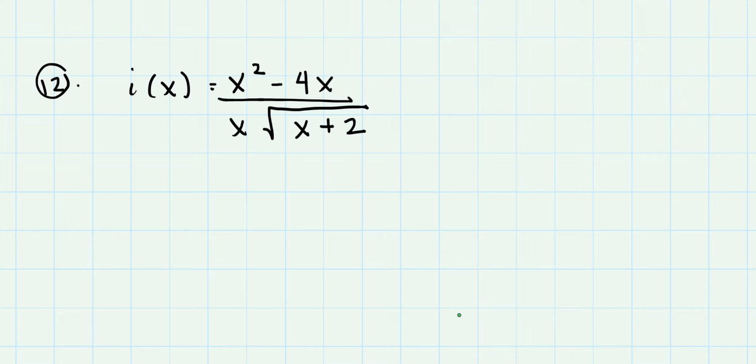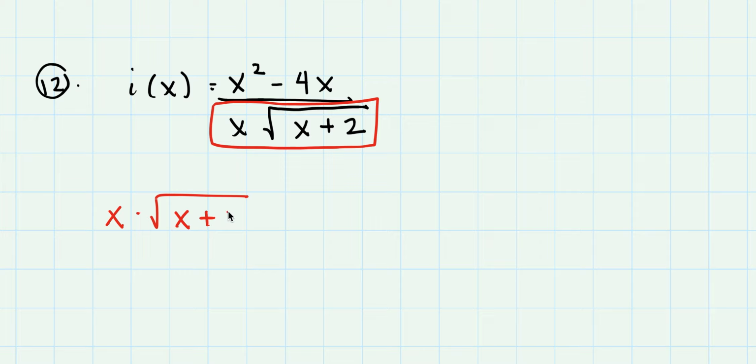Okay, this one's a little tricky. Remember that the top doesn't matter if there's no square root, so we don't have to worry about this. It's the denominator that we need to pay attention to. So because this is in the denominator, x times the square root of x plus 2 cannot be 0.